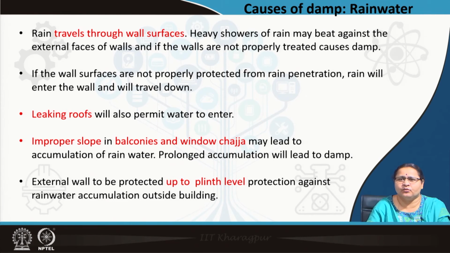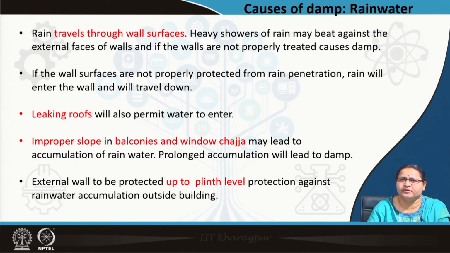and one has to be very particular about the slopes at the roof, at balconies, which are semi-open areas, and on window chhajjas, where the water should drain off. Obviously, prolonged accumulation due to dust, dirt, and leaves getting entrapped and choking the roof drains are all causes of damp due to rainwater.